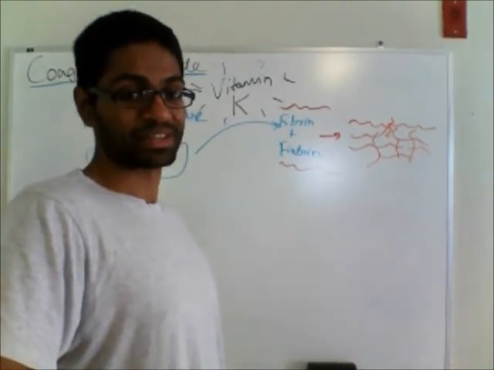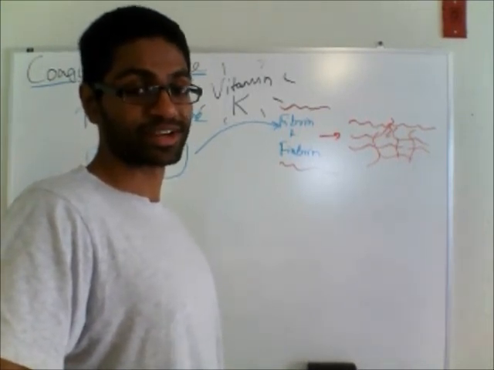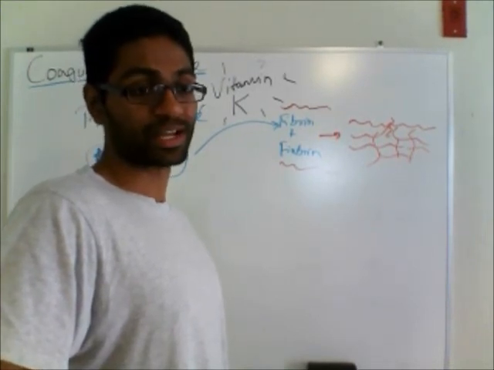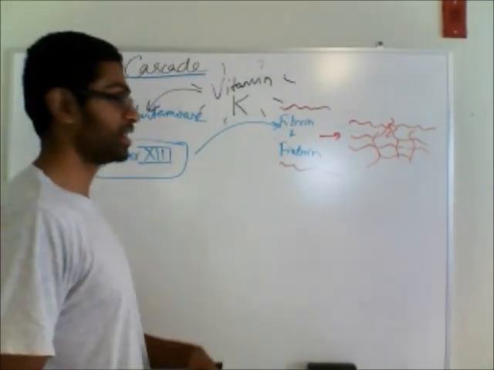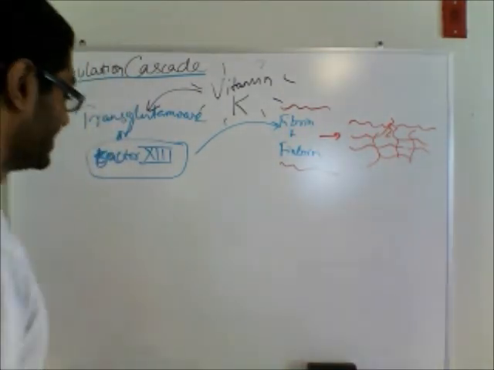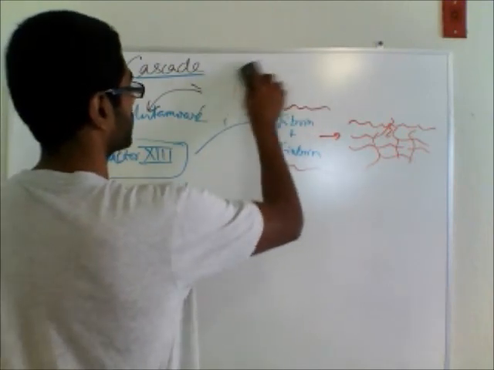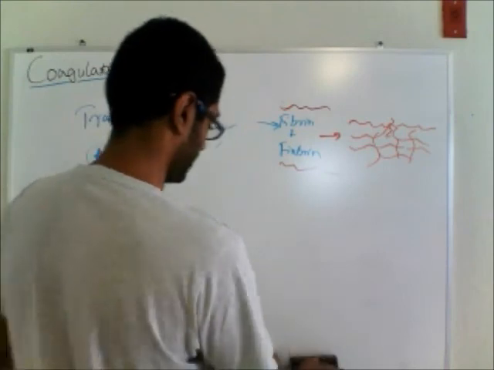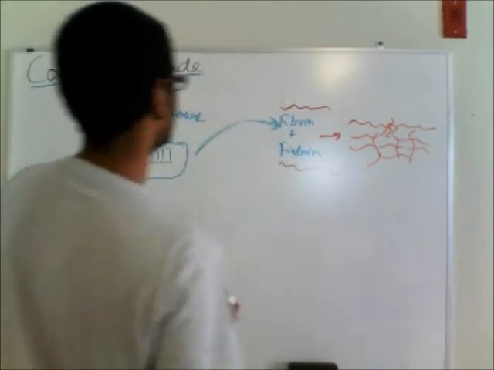Factor 13 has nothing to do with vitamin K. It's actually carboxyglutamate, not transglutaminase. Keep in mind, it's very confusing. So go ahead and erase that from memory. I apologize. I'm probably going to edit this out, but if not, you can see me embarrassing myself, and that way you won't make the same mistake.